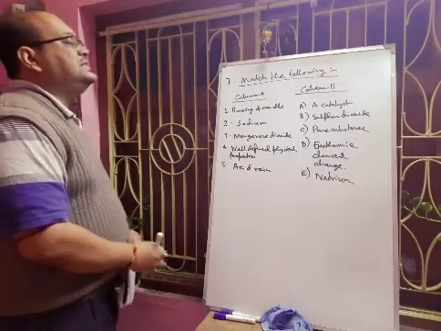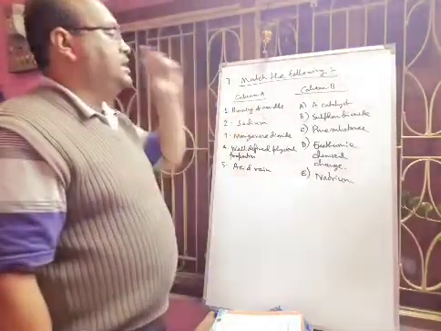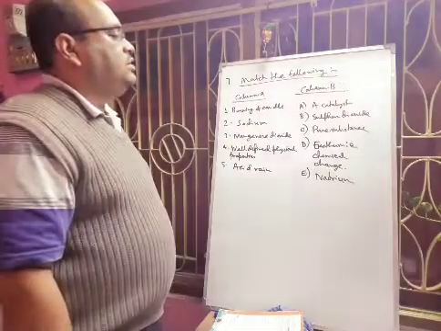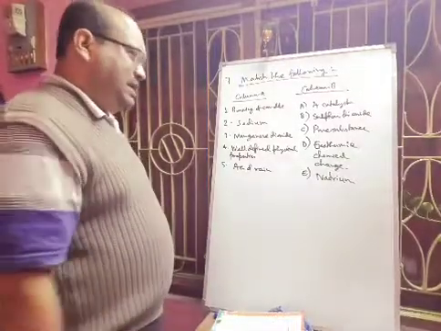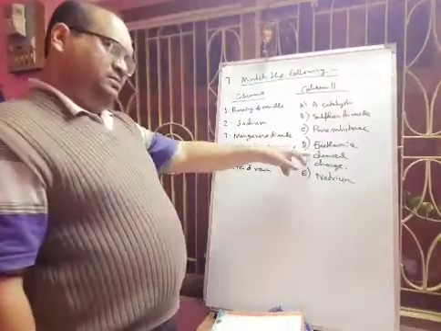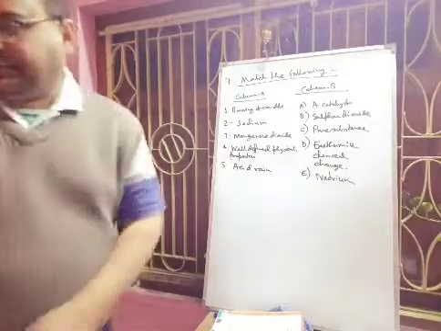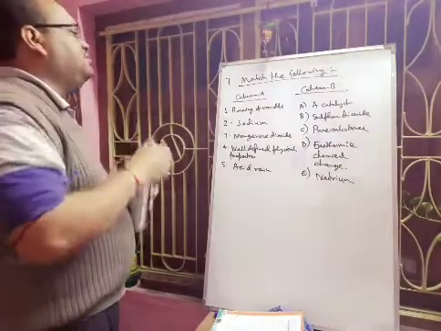So first one is here given that burning of candle. So what you will write? Definitely it will produce heat and definitely it is a chemical change. So for burning candle, you can write exothermic chemical change. Okay. Next question is given sodium.